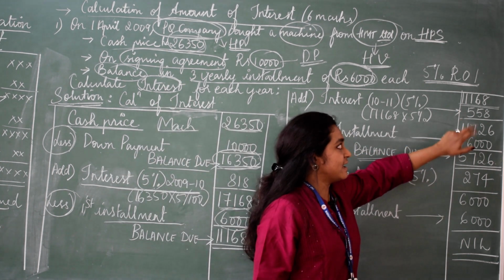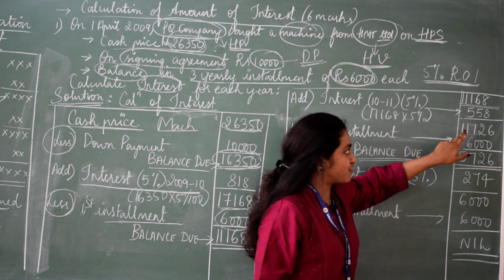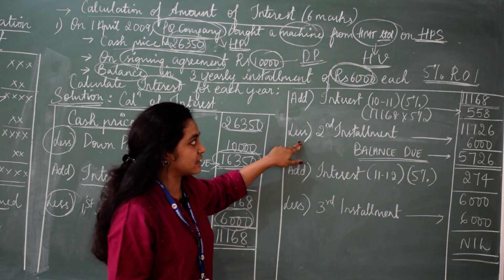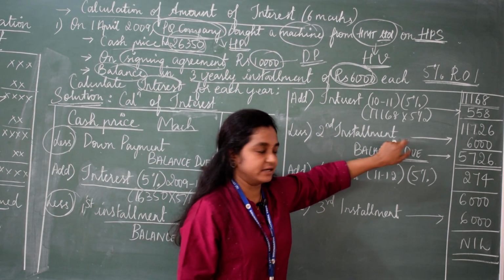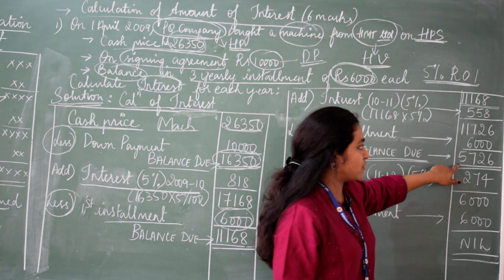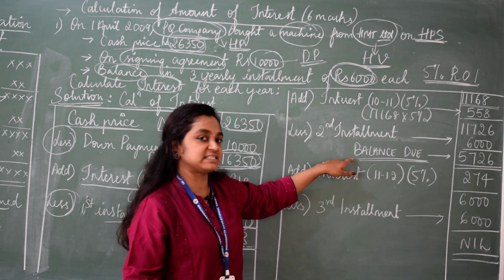Adding both, you amount to 11,726. From this, you remove the second installment for the second year, 2010-11. If you remove 6,000 from 11,726, you amount to 5,726 rupees balance due at the end of the second year.